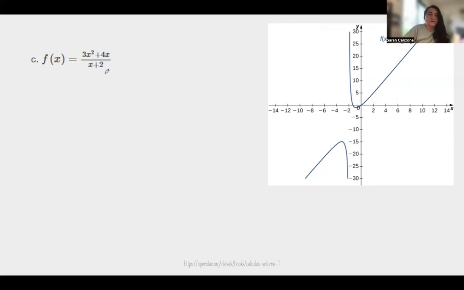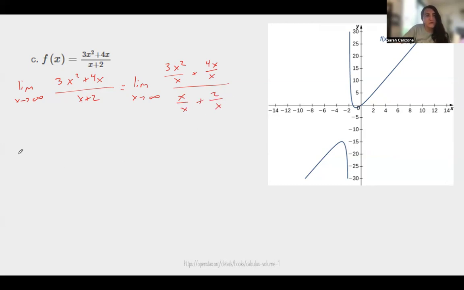So let's go ahead and take a look at the limit as x approaches infinity of 3x squared plus 4x over x plus 2. And we will once again be dividing by the highest degree in our denominator, so that'll be just a single x. So this is the limit as x approaches infinity of 3x squared over x plus 4x over x, over x over x plus 2 over x.